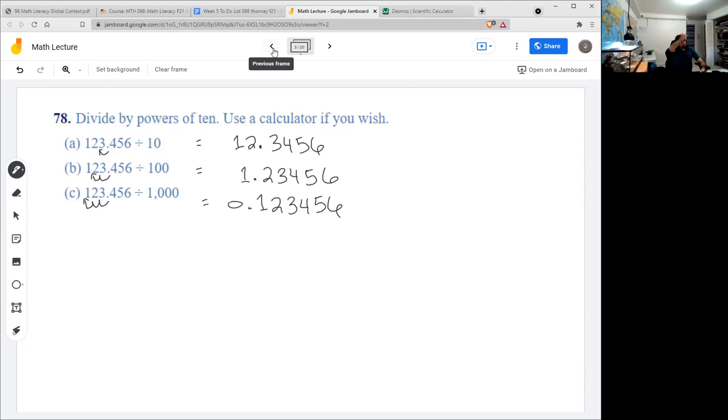And again, we are having an exponent pattern if we wanted it.